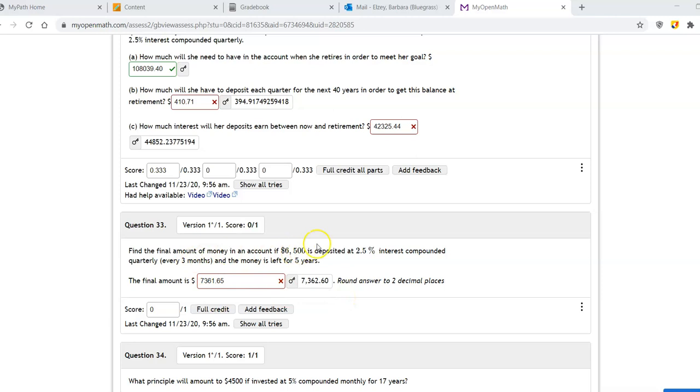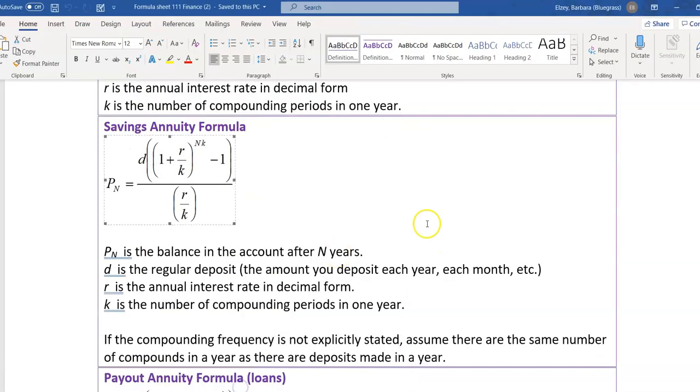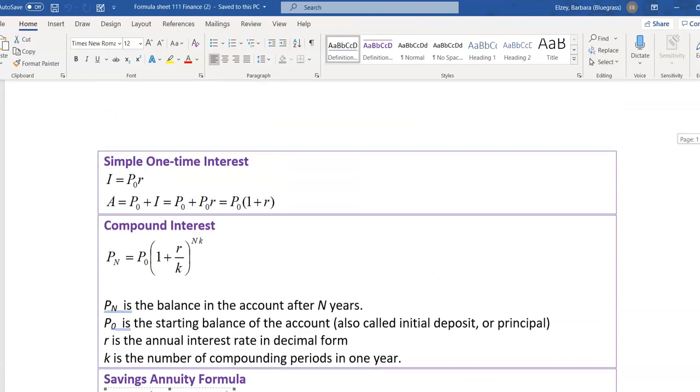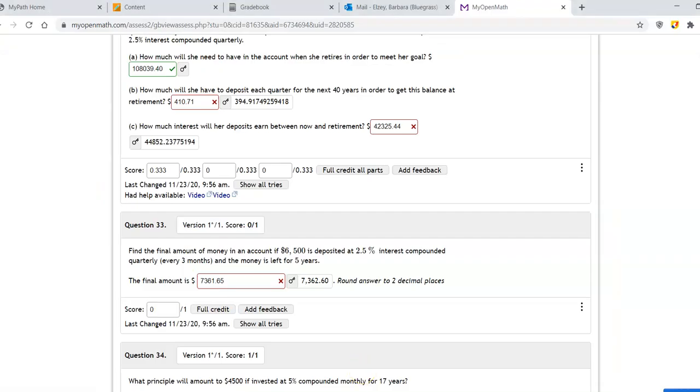Let's notice we're only depositing one time. It's being compounded multiple times, but we're only depositing one time, which makes it a compound interest problem and not a savings annuity problem. So let's go to the sheet, and the compound interest formula is right here. And I'll grab that, and then we'll get all of our information.